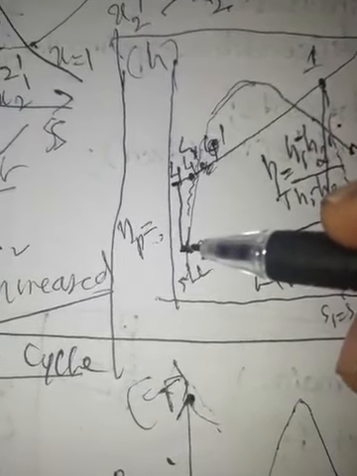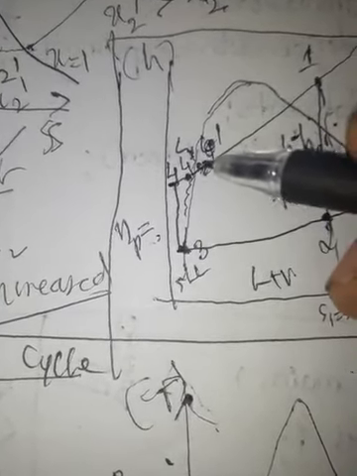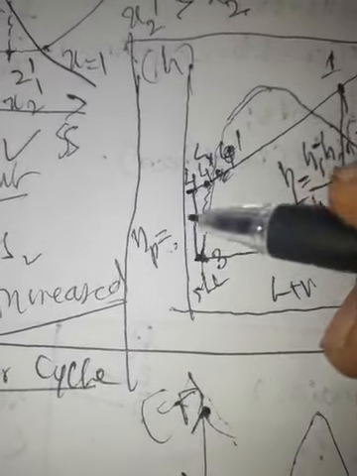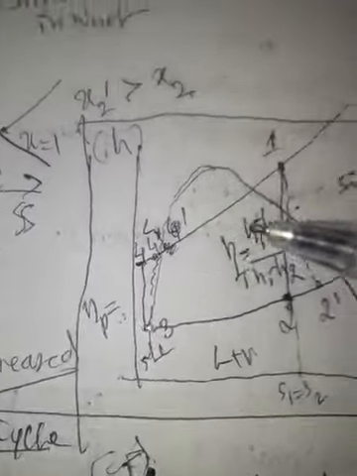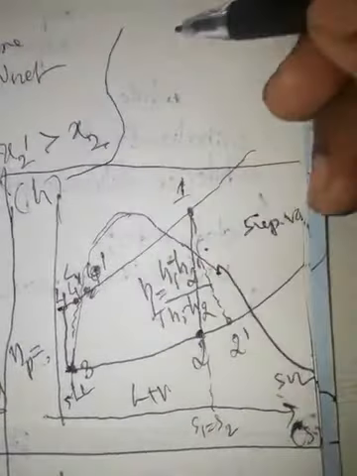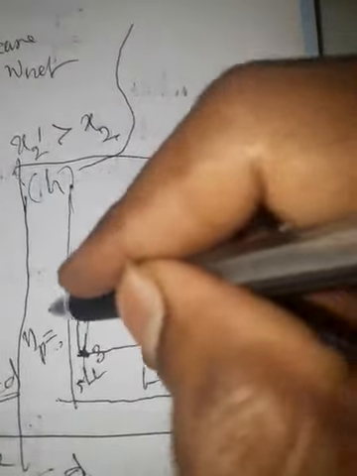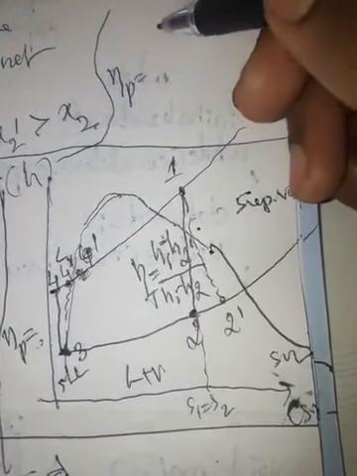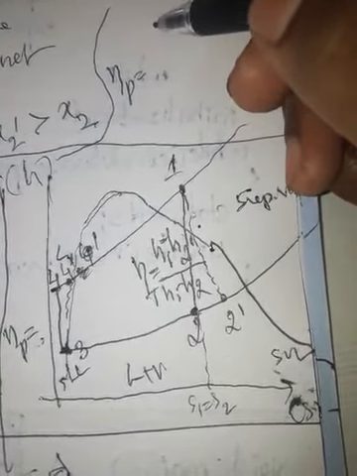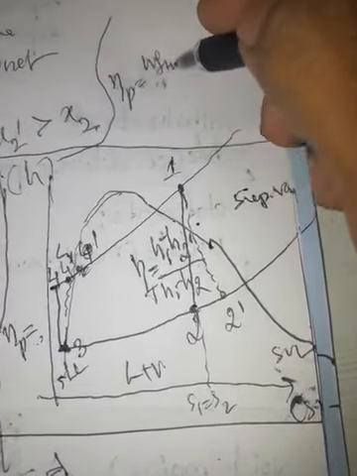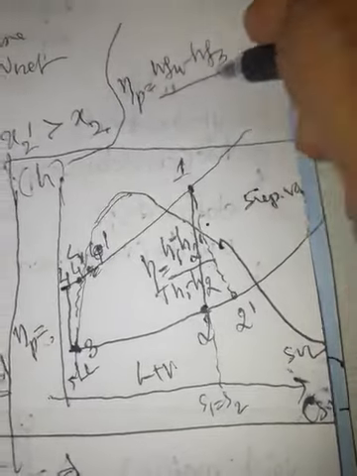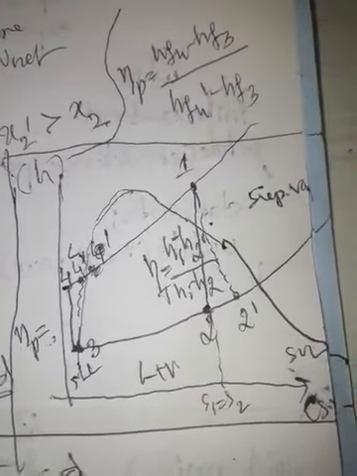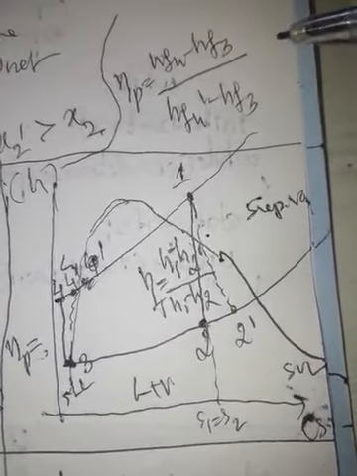I am writing pump efficiency is equal to the smaller one, HF4 minus HF3, divided by HF4 dash minus HF3.